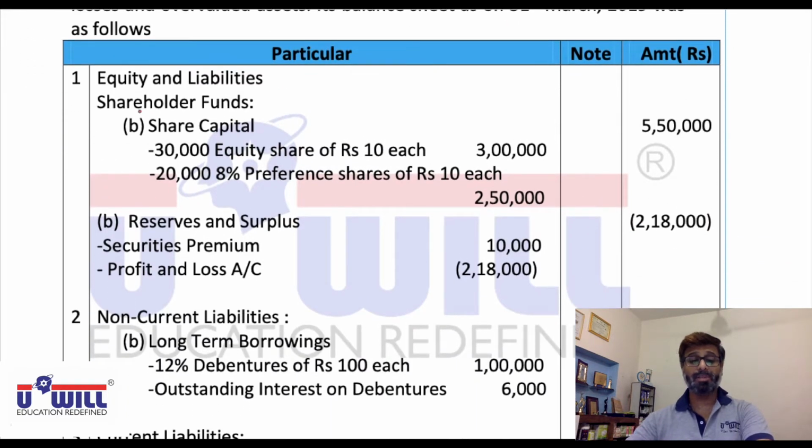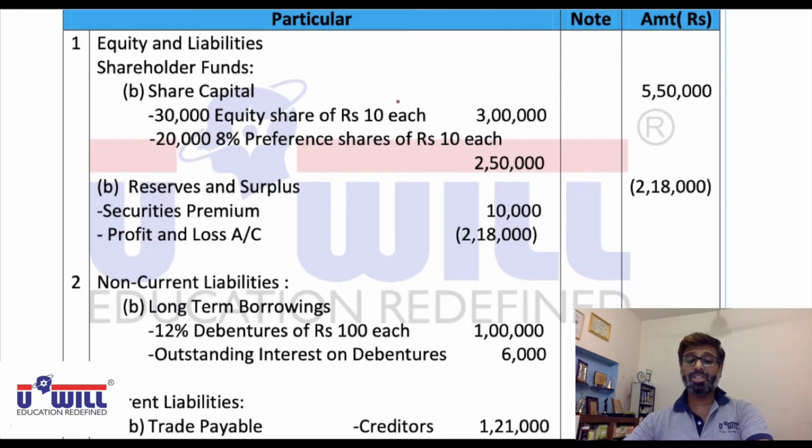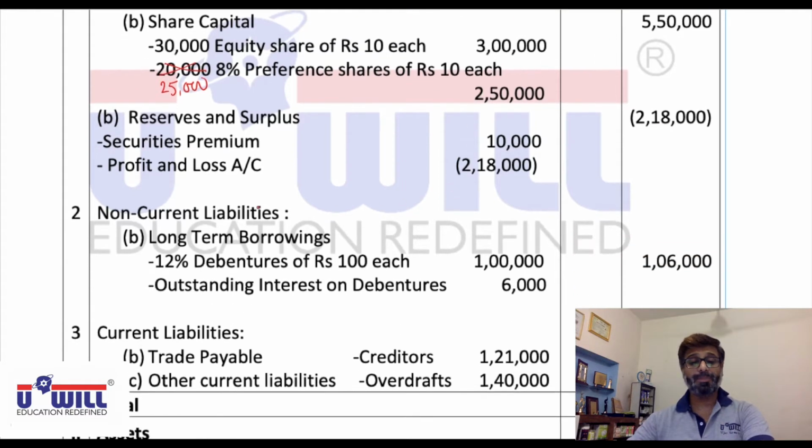Equity and liabilities, shareholders funds, share capital, 30,000 equity shares of 10 each, 3 lakhs, and make this 25,000. Okay, instead of 20,000 make it 25,000. Make the correction. 25,000 8% preference shares of 10 each, 2,50,000, 3 lakhs plus 250, 5,50,000.